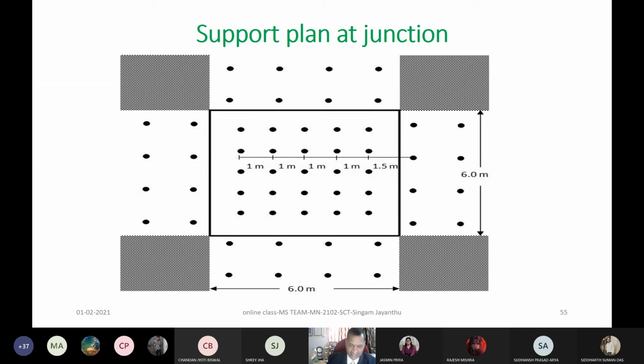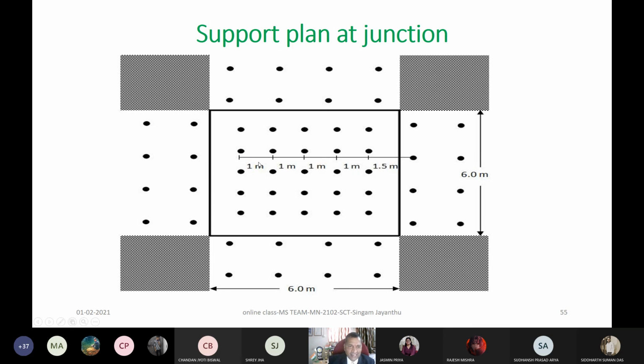Suppose, just imagine in this figure, whatever I am showing you at the junction and at the gallery, now suppose, for ease of understanding, each bolt has a capacity of 10 tons. Then what will be the support density, or what will be the support resistance provided to the roof? Very simple to understand.